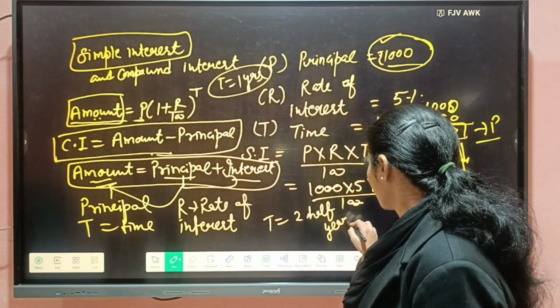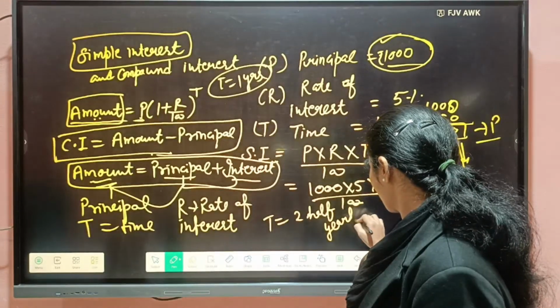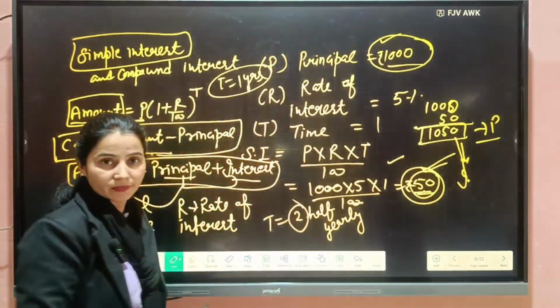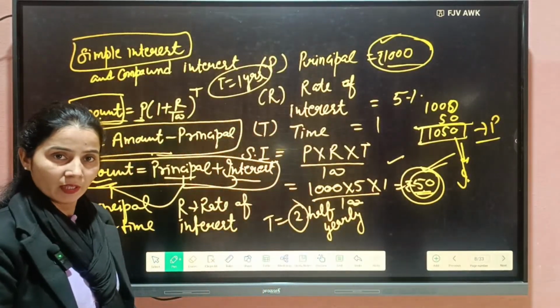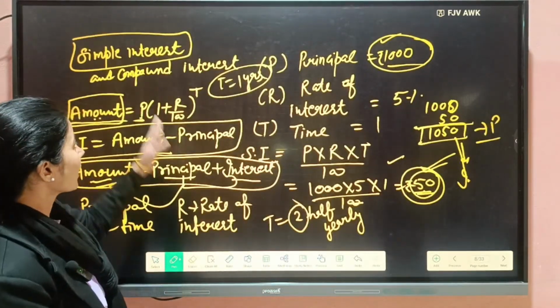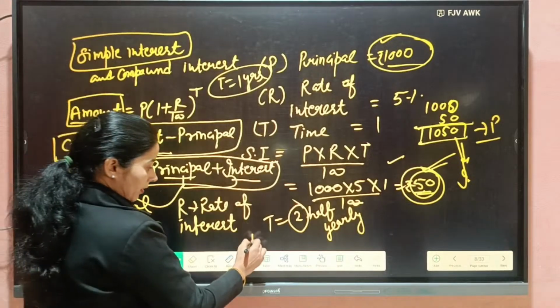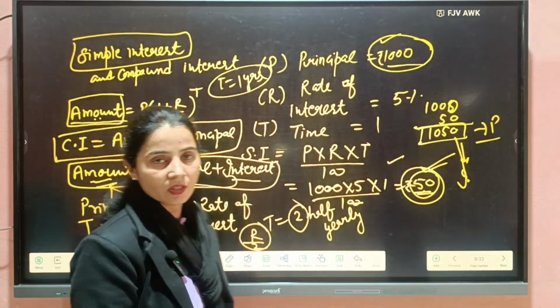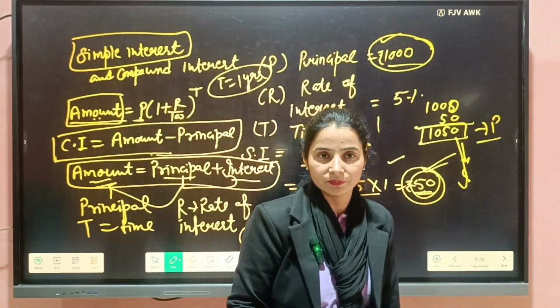Half yearly means in 1 year there will be 2 halves. You are calculating 2 times, at 6-month intervals, and the rate of interest will be half when you find your interest compounded half yearly.